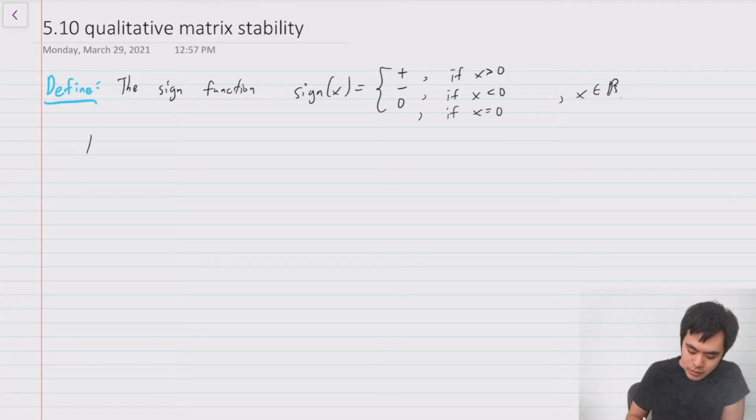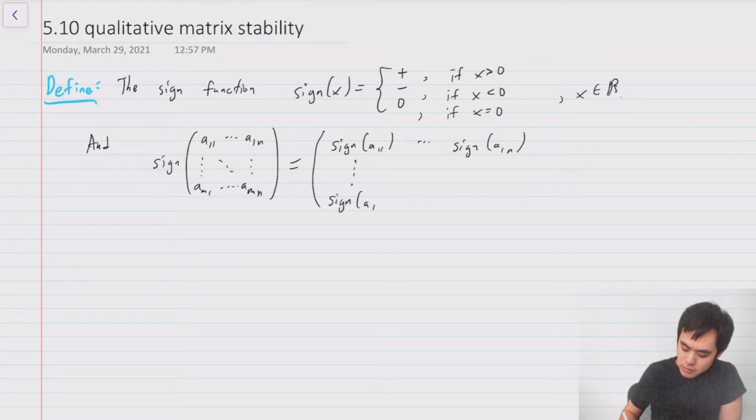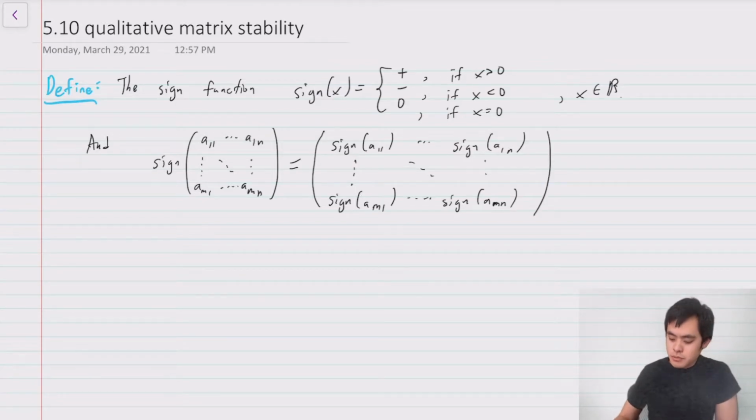Okay, and a couple of conventions. First, sign of a matrix or vector, let's say A11 through A1n, through Am1 through Amn. For any matrix or vector, it's just going to be the component-wise sign. So just going to apply it to every one of the entries: sign of A11 through sign of Amn.